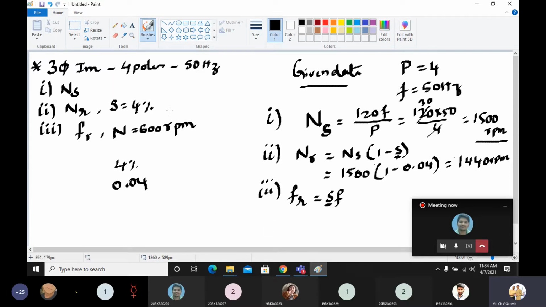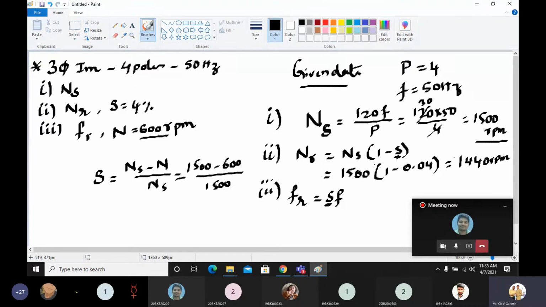What is the slip formula? S is equal to (ns minus n) by ns. You know ns, that is 1500 rpm. You know the speed of the rotor, 600. So (1500 minus 600) by 1500.